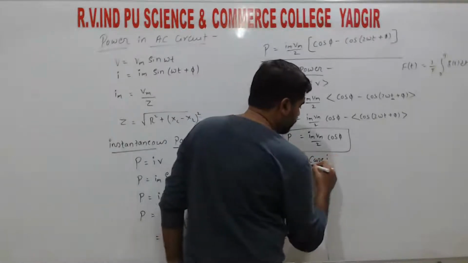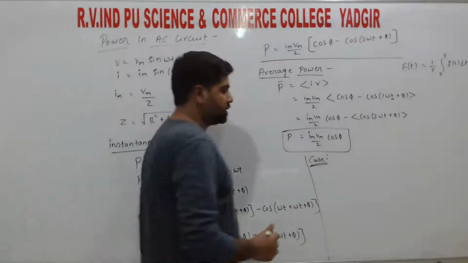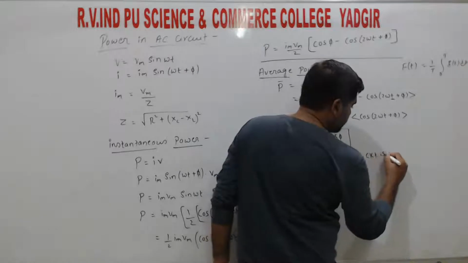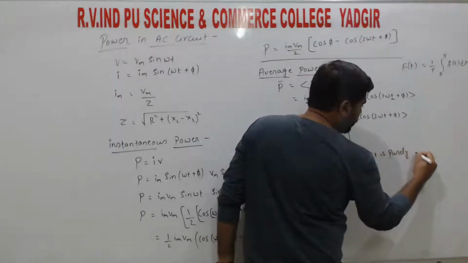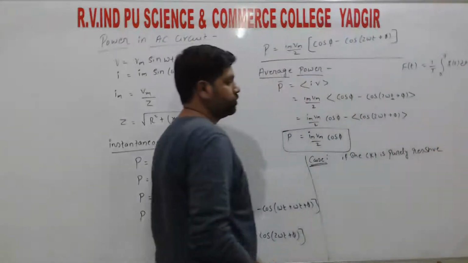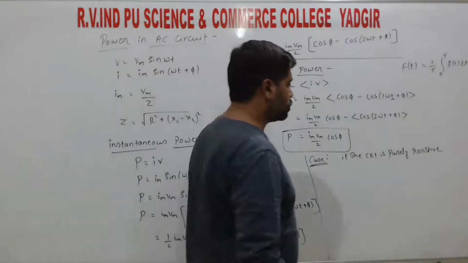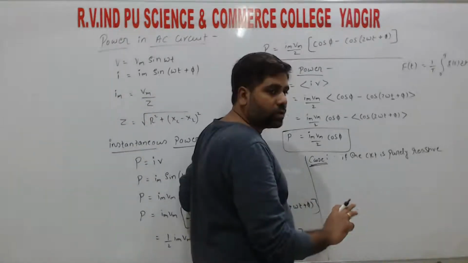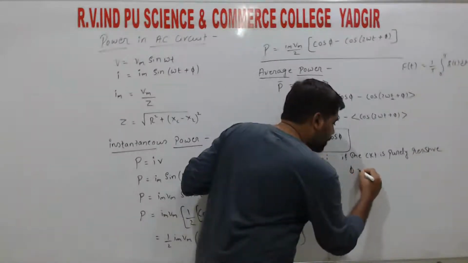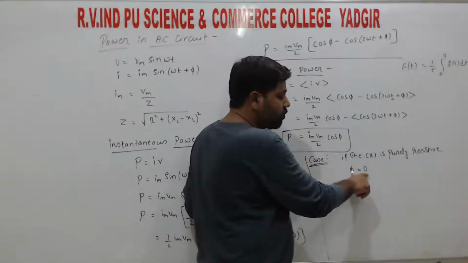First case: if the circuit is purely resistive, that means only a resistor is connected to the AC source. In this case, the current and voltage are in phase, that means the phase difference between the current and voltage is 0.